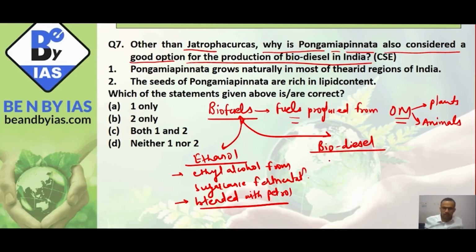On the other hand, biodiesel is derived from a combination of vegetable oil or animal fat with alcohol.